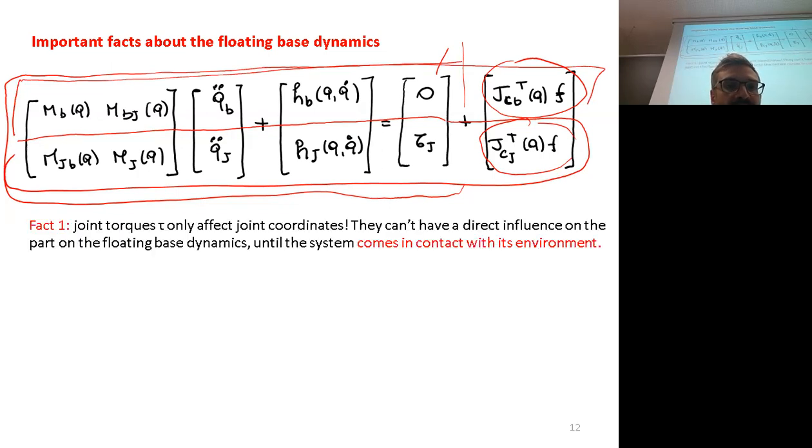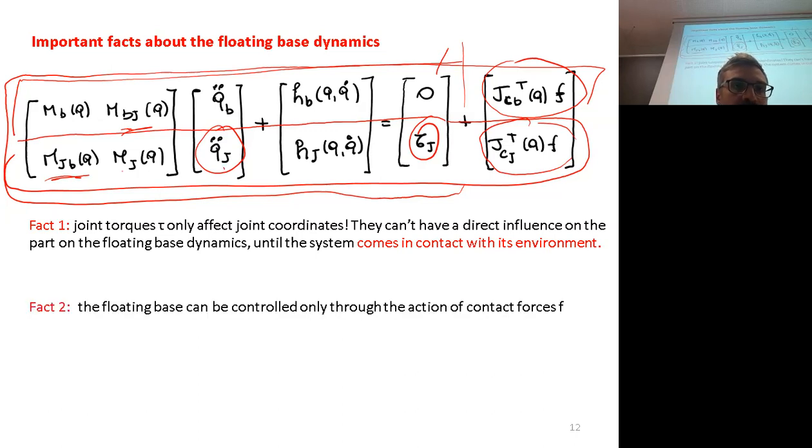So the first fact is that the joint torques only affect, apart from this little inertial coupling, the joint coordinates, with direct influence on the actuated joint coordinates. But the floating base, which is this, can be controlled through the action of the contact forces.